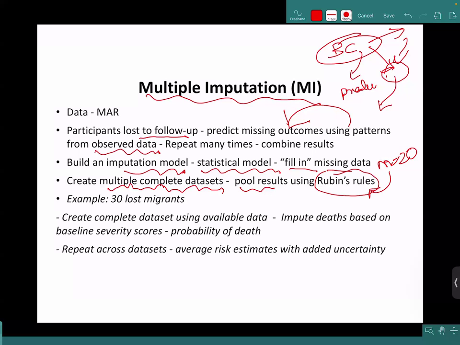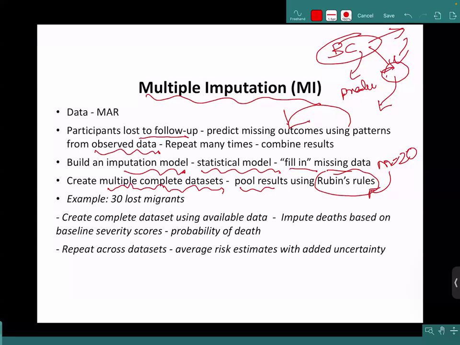So just remember that you have to pool the results from 20 statistical imputation cycles or models to come up with the outcome variable for those who are lost to follow up. Now let us look at an example. I hope it makes things easier.